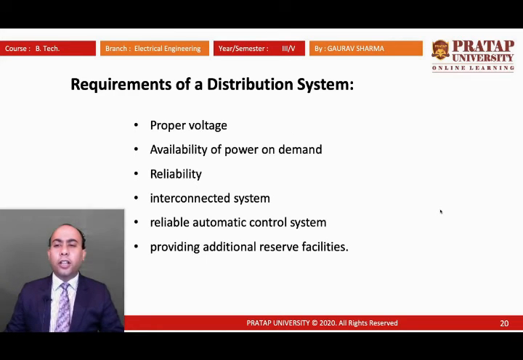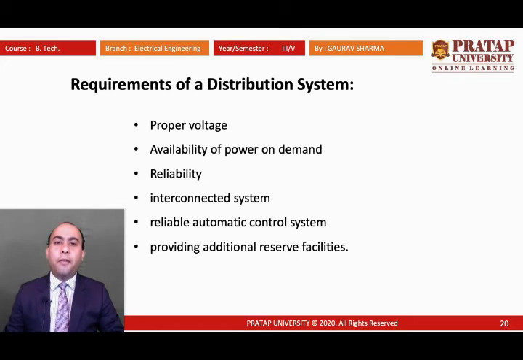Now, the requirements of the distribution system are, first, proper voltage. It is a mandatory requirement that the voltage should be available properly. Second, the availability of power on demand: when we require power, it should be available. This is a mandatory requirement for the distribution system.